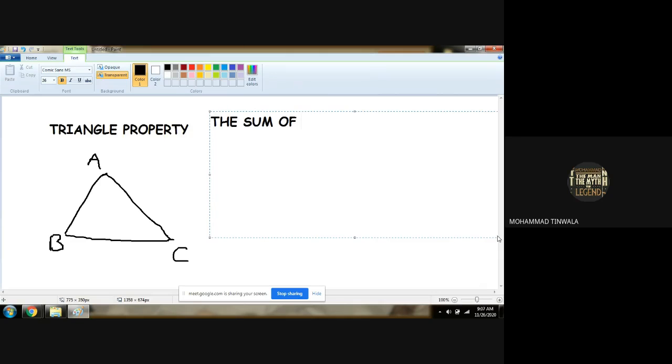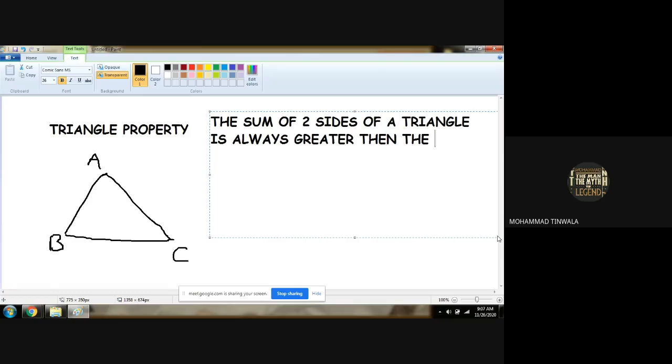The sum of any two sides of a triangle, okay? Not only this one and not that one. Any two sides of a triangle is always greater than the third side.